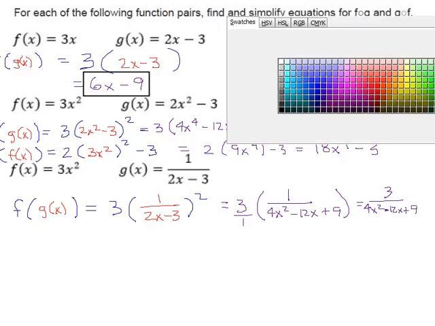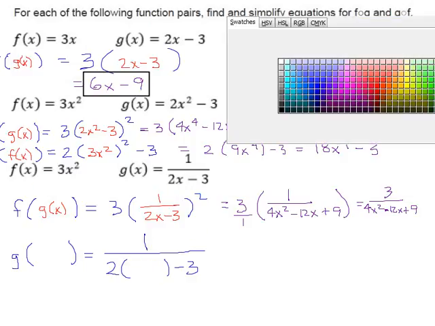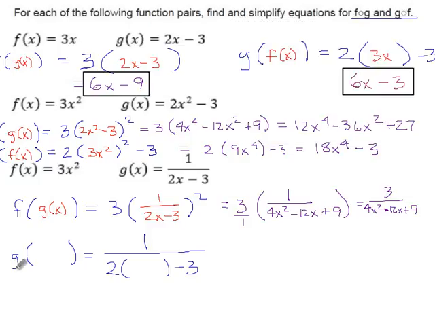If we go the other way around, do g of f. Here's function g. We'll leave a blank for whatever's getting plugged into it. And function g is 1 over 2 times blank minus 3. Normally there'd just be an x in this space, but now we're leaving it empty. And what's going in there? Function f, which is equal to 3x squared.